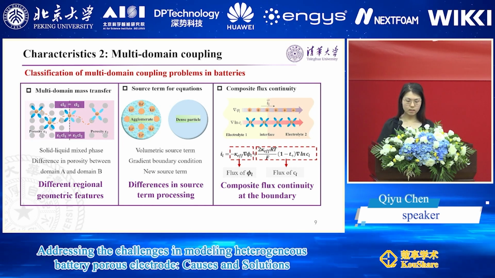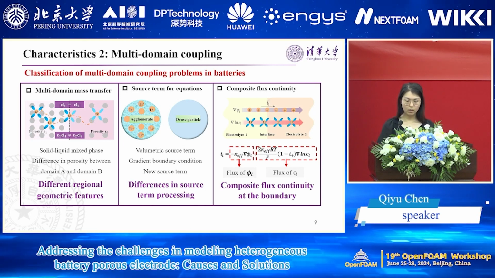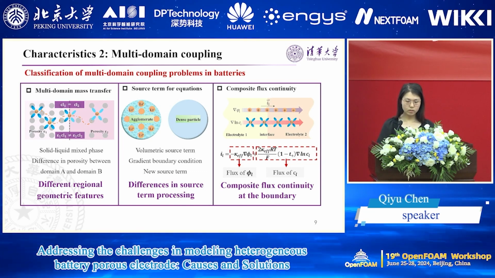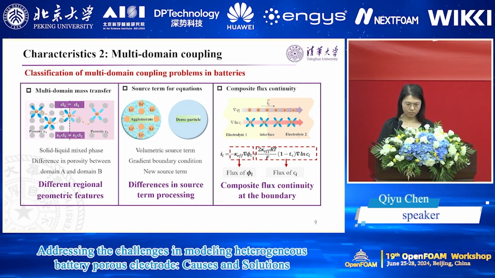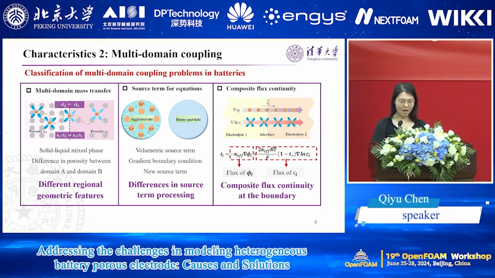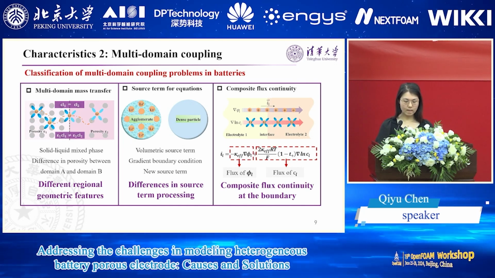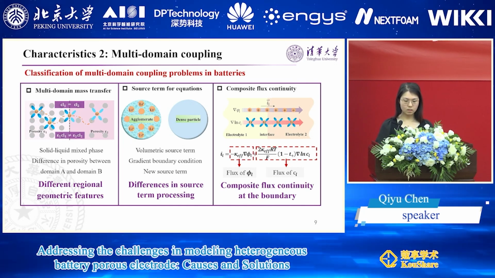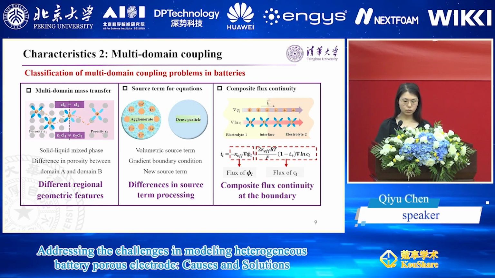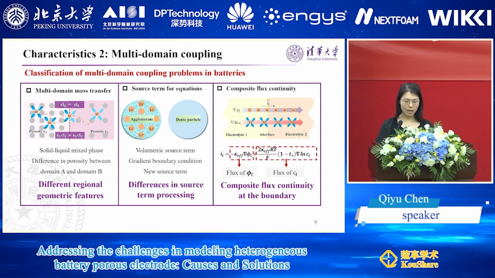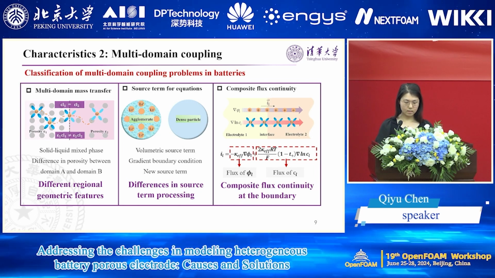Third is composite flux continuity. The set of equations in our model is characterized by a high degree of coupling of multiple physical fields. For example, the equations describing the liquid phase current contain two physical quantities, the liquid phase potential and the liquid phase lithium-ion concentration, and thus the concept of composite flux exists.